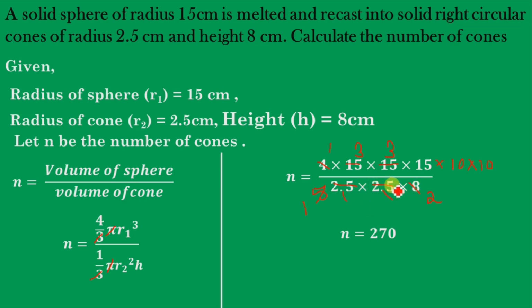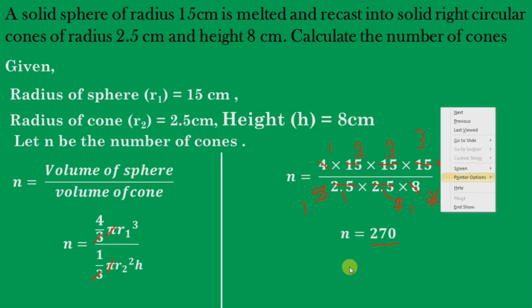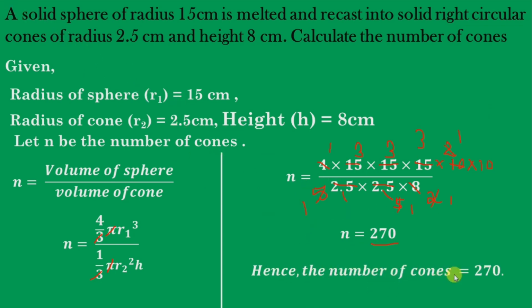Now 5 5s are 25, 5 3s are 15, 5 1s are 5, 5 2s are 10, 2 1s are 2. So now 2 3s are 9, 9 3s are 27, 27 into 10 is 270. So the required number of cones is 270. Hence the number of cones is equal to 270.